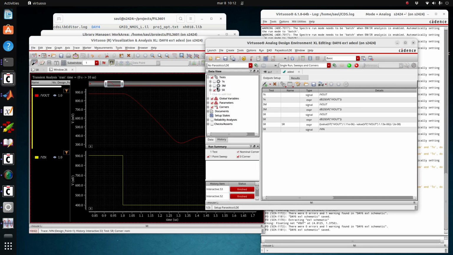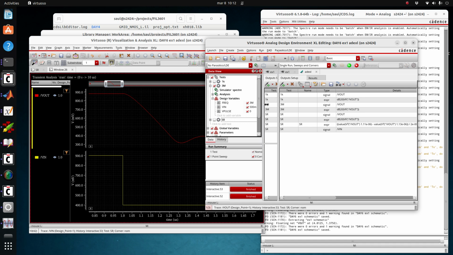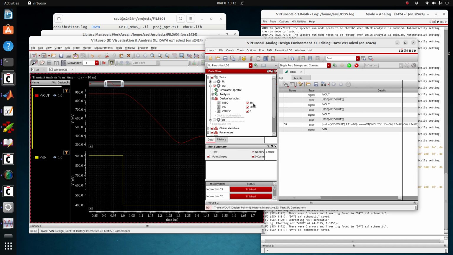We are going back here and changing this 3 megahertz. We're not going to put 600 because it's too close, but let's put 500 kilohertz, so half a megahertz, and then run the simulation.